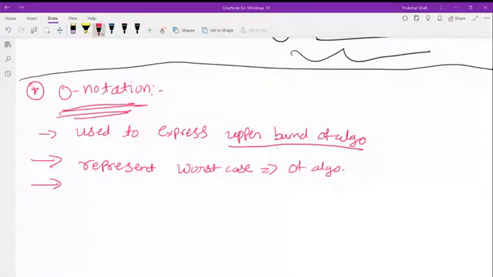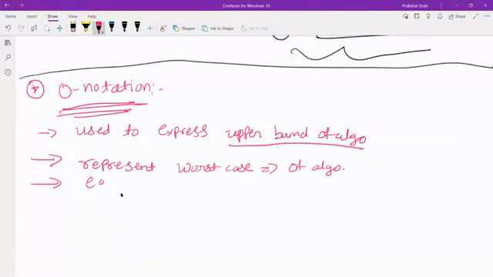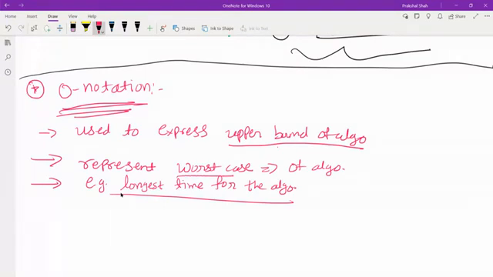Okay, for example, you can also say it is the longest amount of time for the given algorithm. That is the meaning of the worst case.